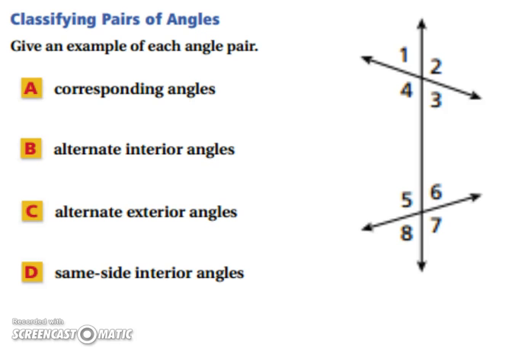Let's practice classifying pairs of angles. Corresponding angles are in the same position on each line. So angle 1 and angle 5 would be an example. Can you find 2 other examples? Take a moment and pause the video and try it.